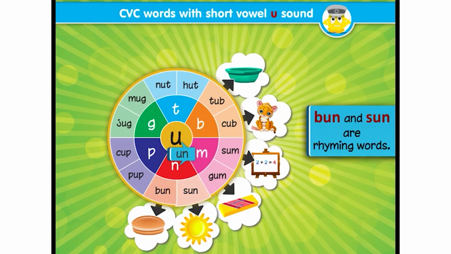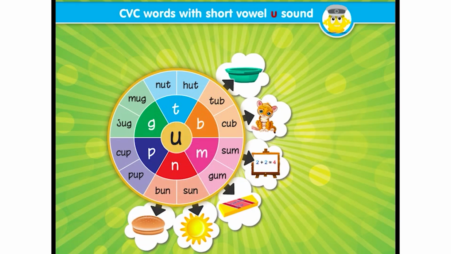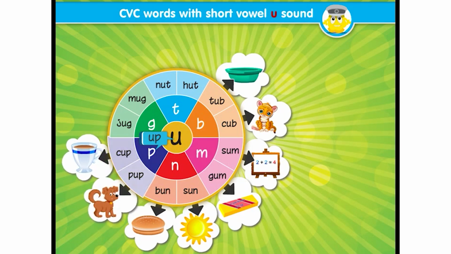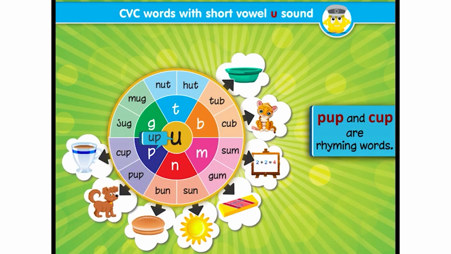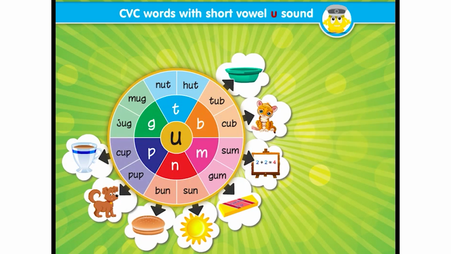Bun and sun are rhyming words. U and P makes up, as in cup and pup. Pup and cup are rhyming words.